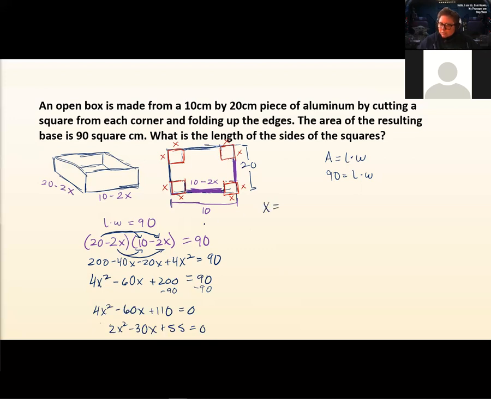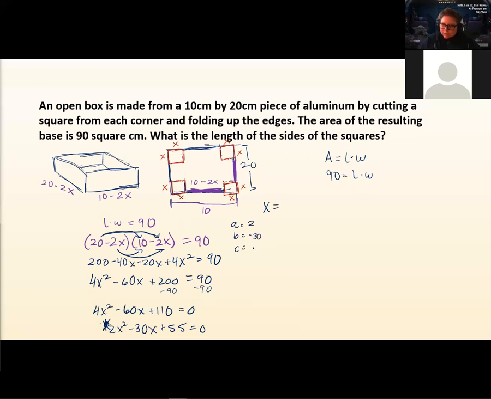So x equals, a, b, and c, right? What's our a here? And let's go ahead and use this one right here. So our a is 2. What's our b? Negative 30.